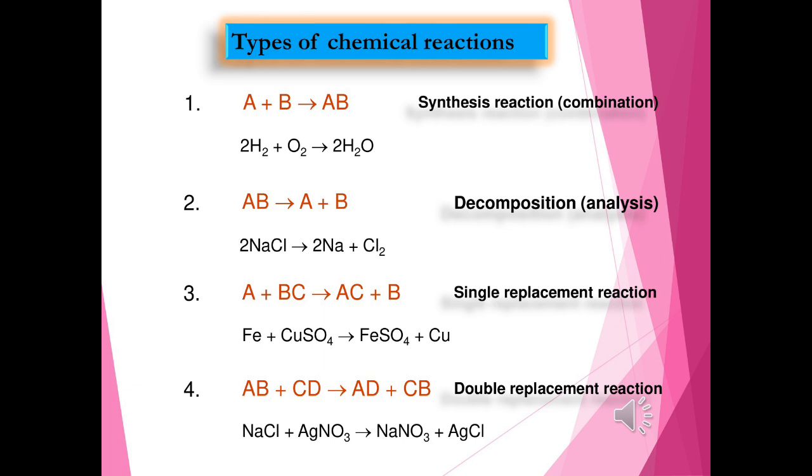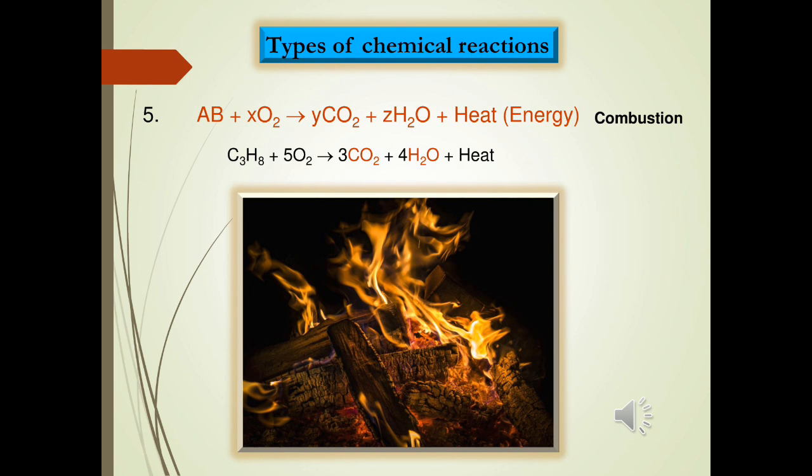And third one, single replacement reaction, or you can say displacement reaction. Fe plus CuSO4 gives rise to FeSO4 plus Cu. And fourth one, double replacement reaction. Example, NaCl plus AgNO3 gives rise to NaNO3 plus AgCl. Fifth one, that is combustion reaction.